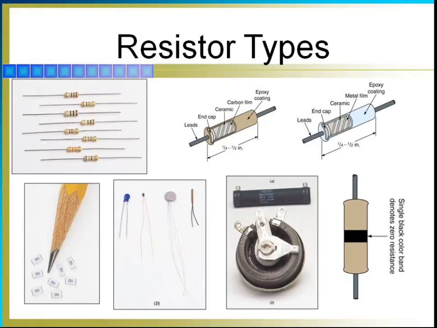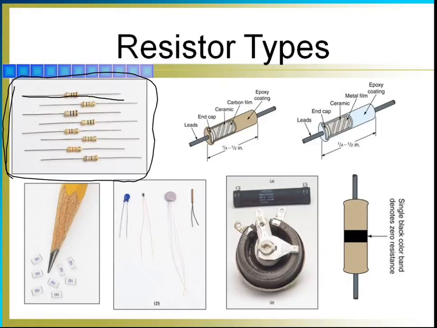So, a quick review over Chapter 2. First thing was we had resistor types. Of course, we had 5-6 different kinds of resistors. The first one is our most common type of resistor that you find in electronics, the axial resistor. An axial resistor just means it's a resistor put around a flat lead.